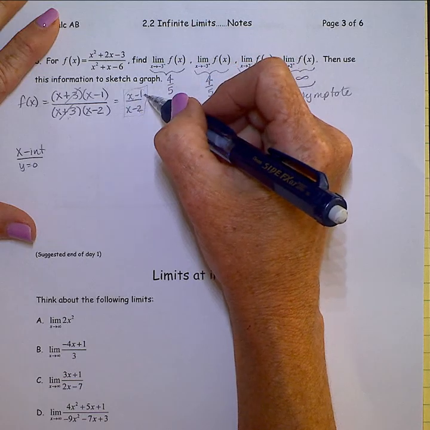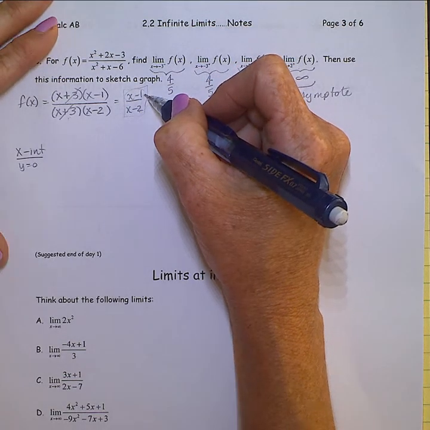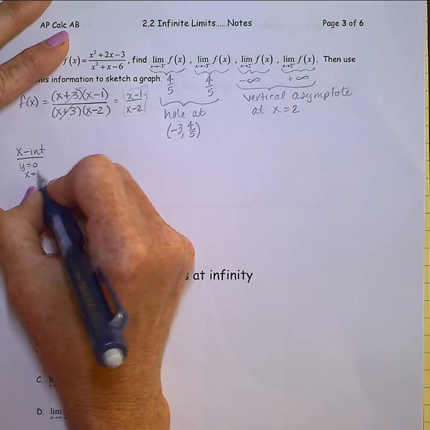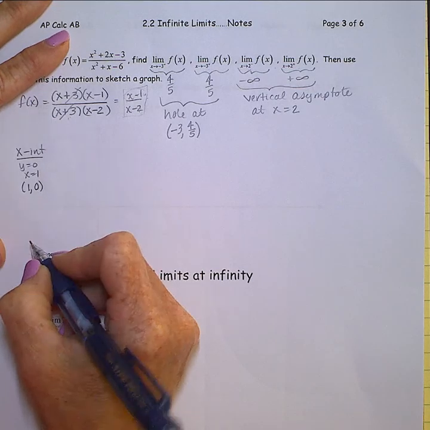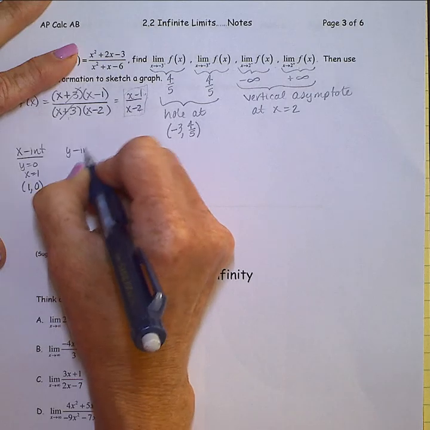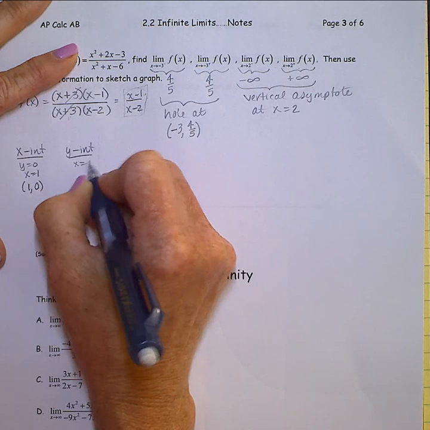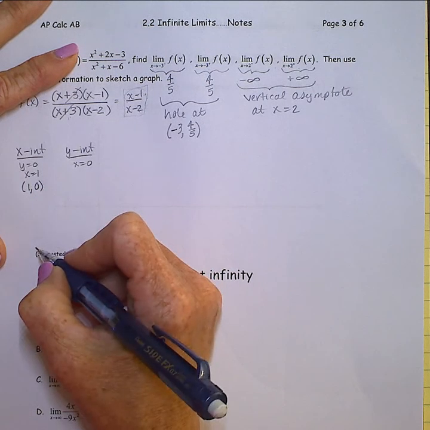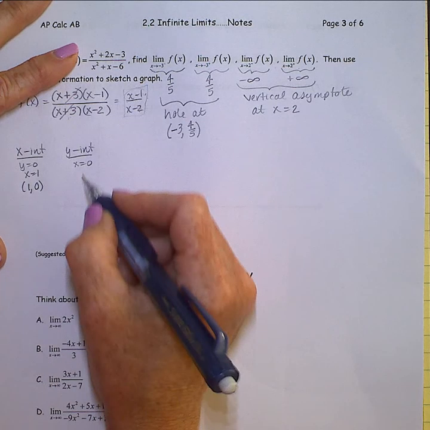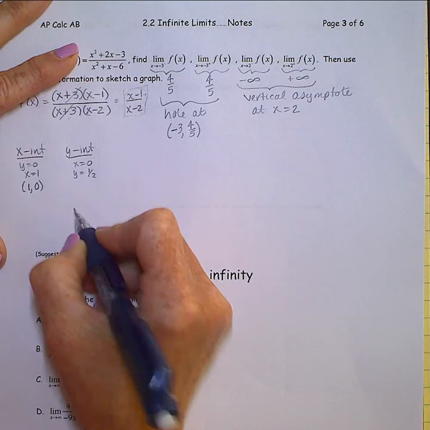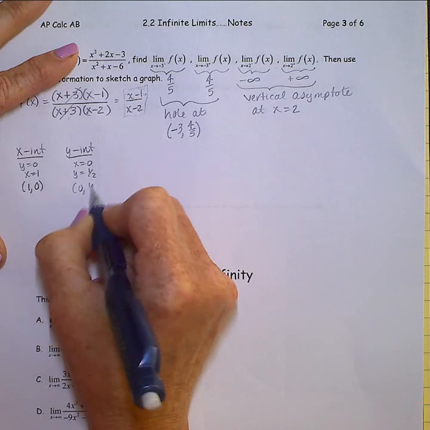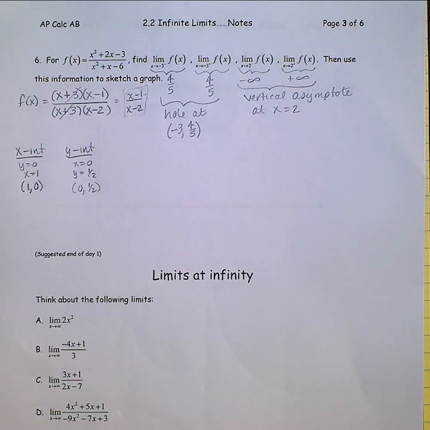Yeah, it will when x is 1. So the ordered pair then is 1, 0. The y-intercept happens when x is 0. Plug in x is 0, and we'll get a half. Okay?